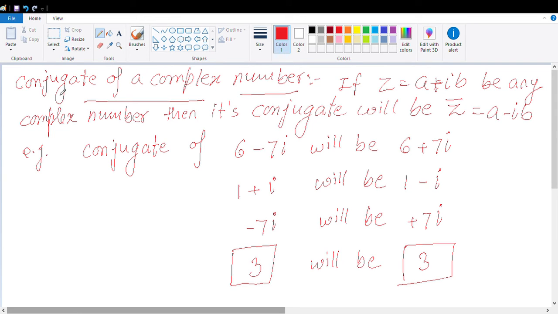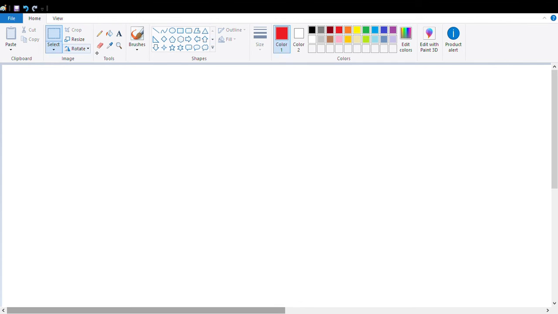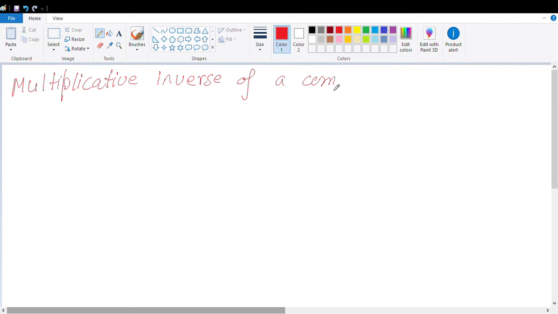There will be no change in the conjugate of a real number. Now if you understand this, then we can easily discuss another important topic, that is called multiplicative inverse of a complex number. Just before explaining this with the complex number, try to understand with the example of real number.